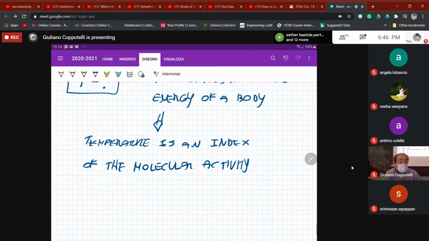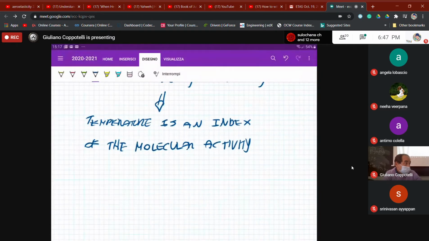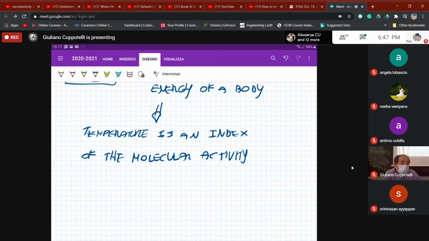Okay, we are not interested, of course, in entering into details of such a molecular activity, but let's see the overall effect, the global effect of having bodies characterized by different indexes, by different temperature. Okay, so what we would like to have when measuring the temperature is just to measure the change of the temperature with respect to a reference one, to which a change of some physical property could be measured.